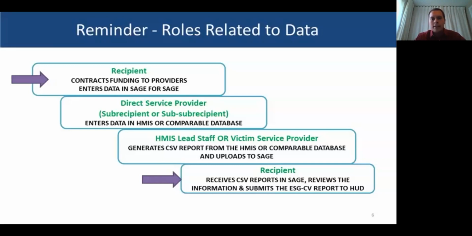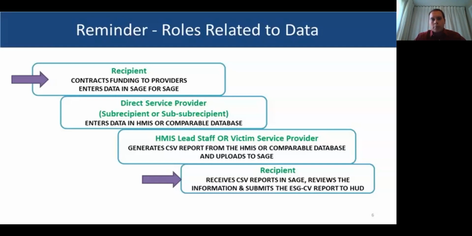We covered that in depth in the last 2 sessions, so I'm not going to go in depth here unless we have questions. But starting with the recipient identifies who the proper HMIS contact is, as well as any victim service provider subrecipients. Then the recipient will create bundles in Sage.